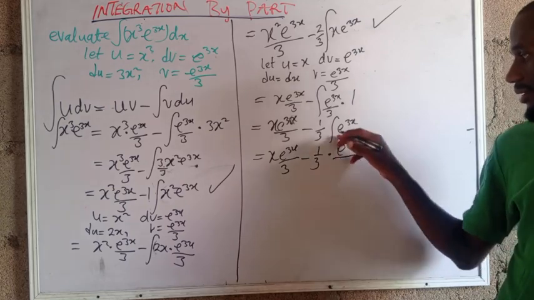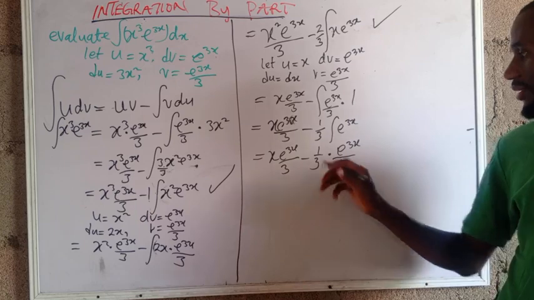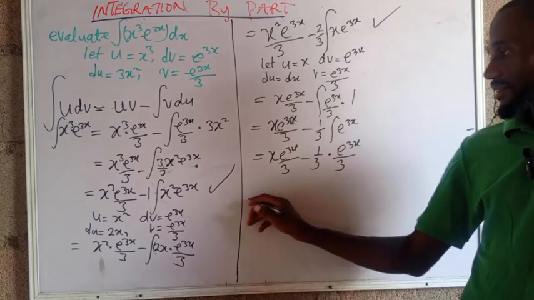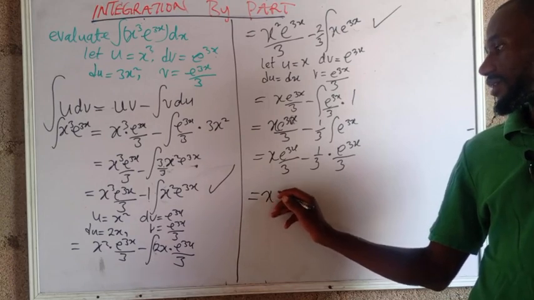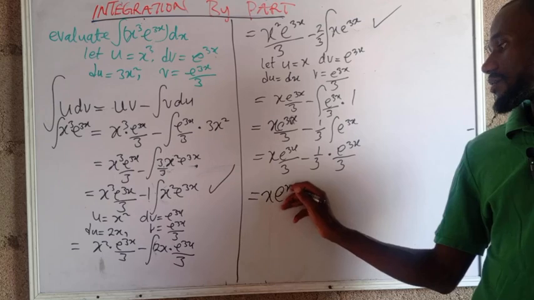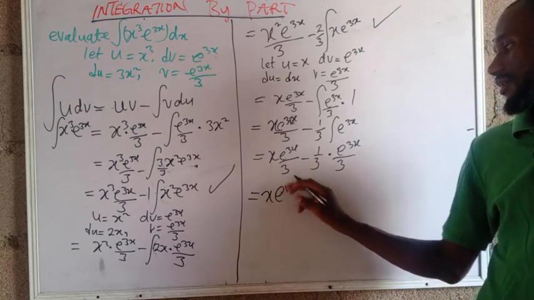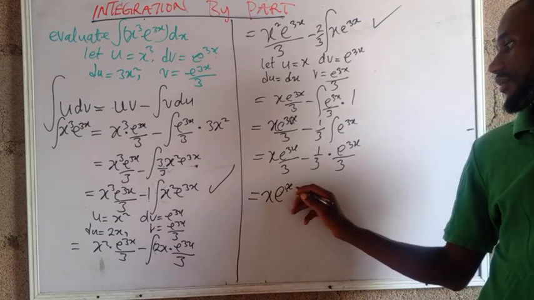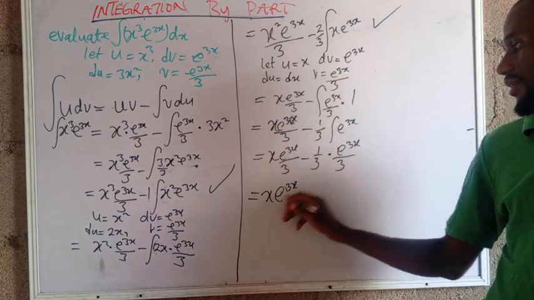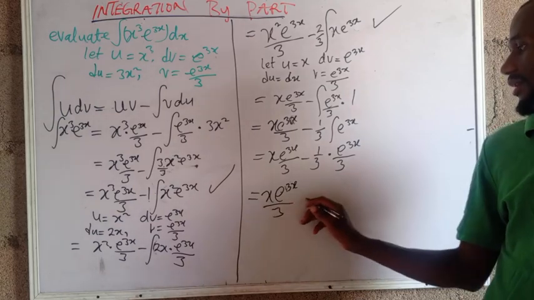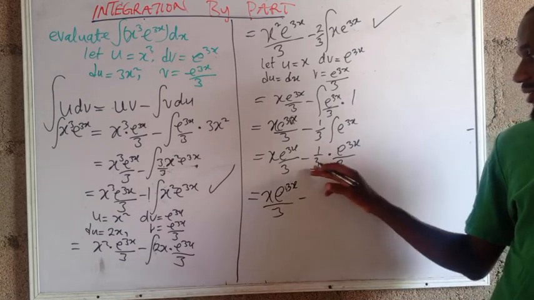all over 3. Then you multiply this, where you get x exponential 3x all over 3 multiplied by 3 times 3.